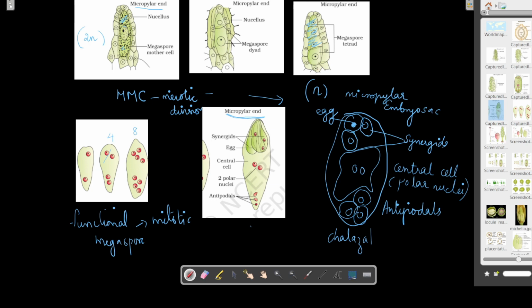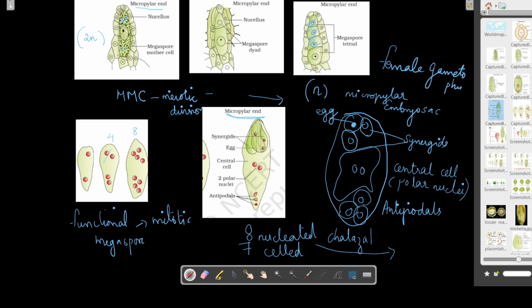So in this 8 nucleated stage, there are 8 nuclei, but only 7 cells, because the central cell has 2 polar nuclei, and there are 6 other cells. So the 8 nucleated, 7 celled stage is called the embryo sac. And this embryo sac is the female gametophyte, which carries the female gamete, the egg cell.